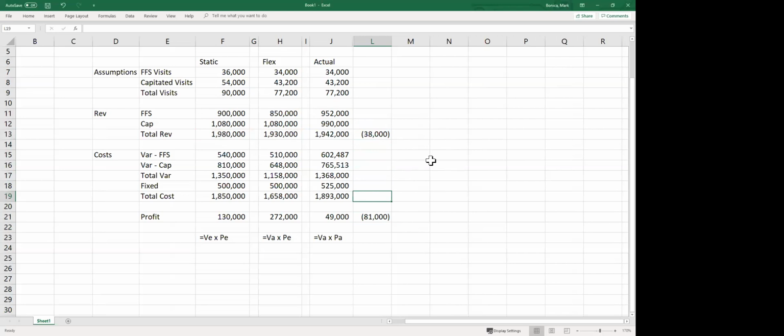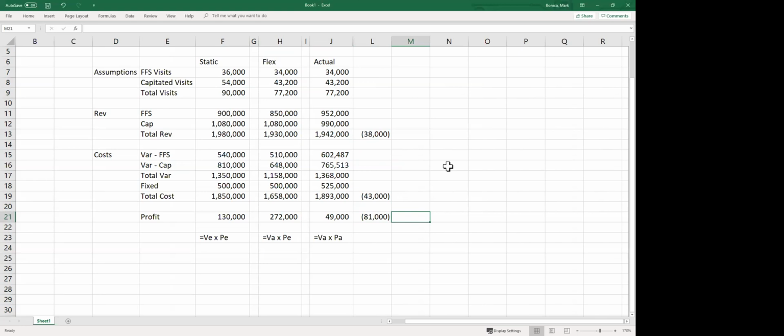And then our cost variance, we're going to go the other direction, because ideally we want our managers to work really hard and have our costs be less than what we thought they would be. In this case, our actual costs actually exceeded our static. Okay, so how do we check this? Well, we add.